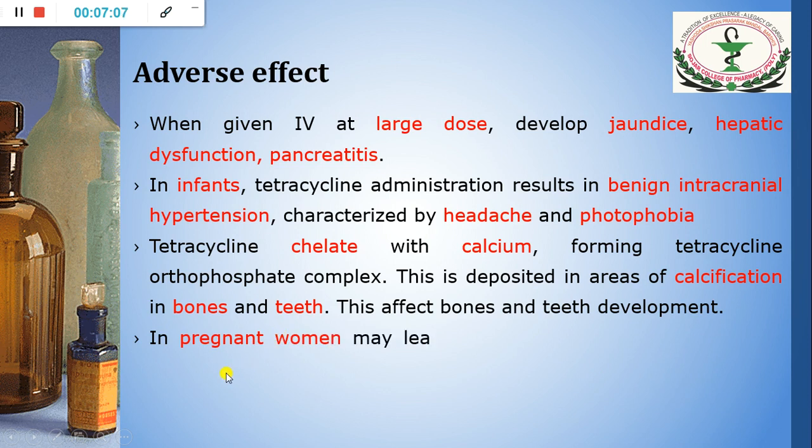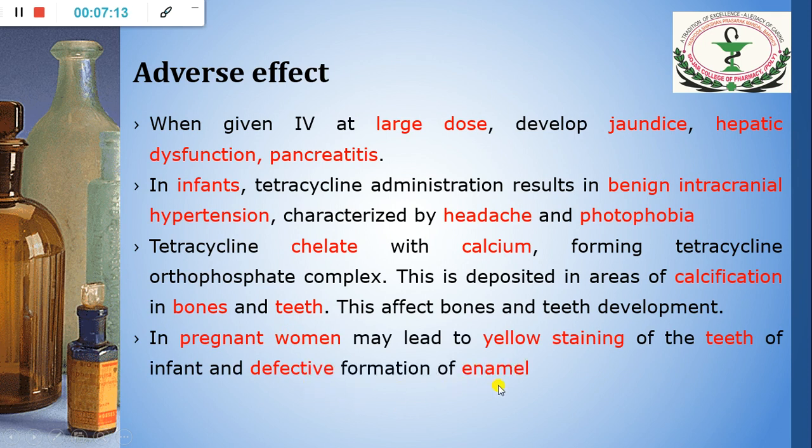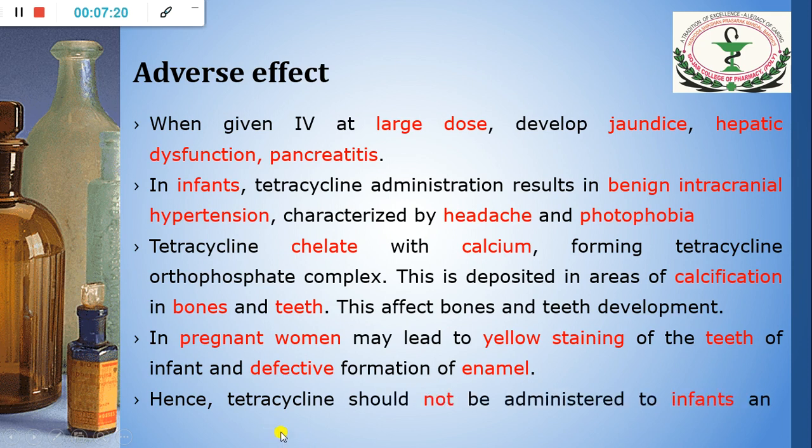In pregnant women, it may lead to yellow staining of the teeth of infants and defective formation of enamel. Hence, tetracycline should not be administered to infants and children up to the age of 12, because that may lead to yellow staining of teeth and defective formation of enamel.